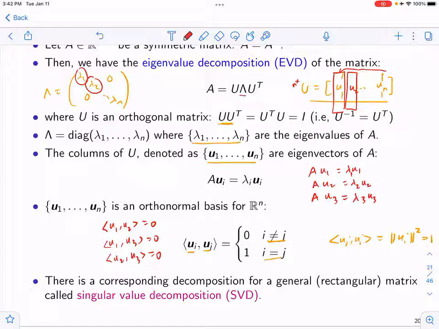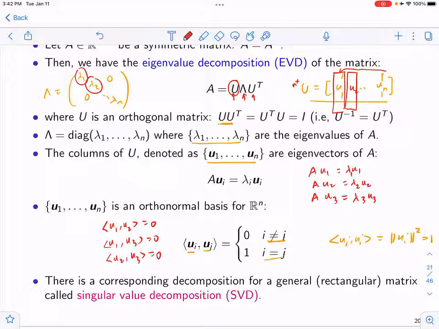I believe the diagonal would have the norms of these on them as well. So this nice way of writing, separating this into a matrix that has only eigenvectors and one that has only eigenvalues, can be achieved by this procedure.